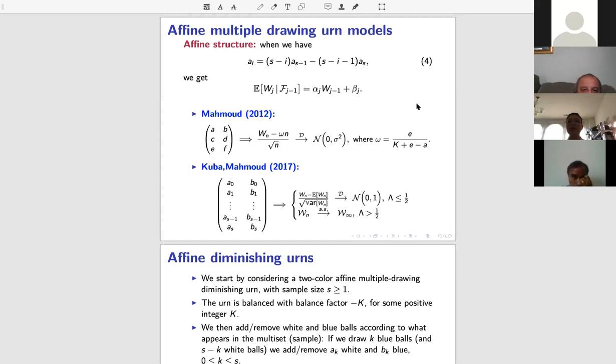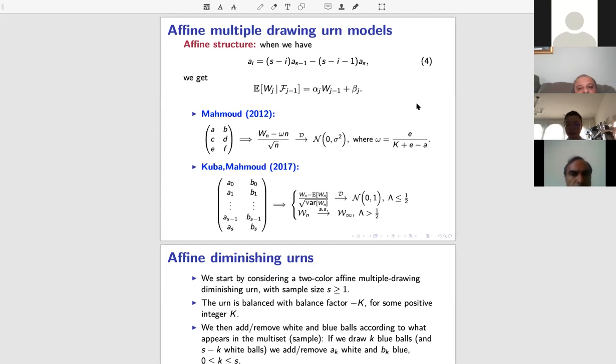Actually, this condition is sufficient not just for the mean. All the moments will only depend on the moments from the previous step up to that order, not on higher orders. So this affinity condition is actually the starting point we have when we consider the class of diminishing urns.